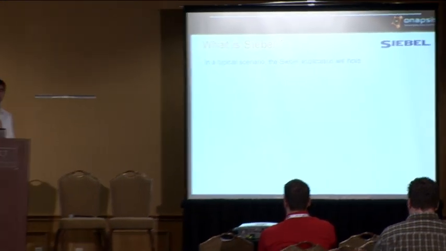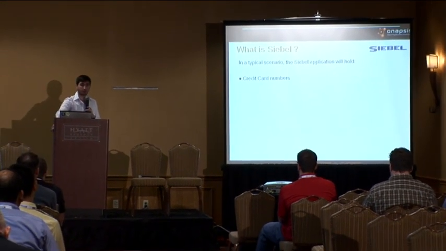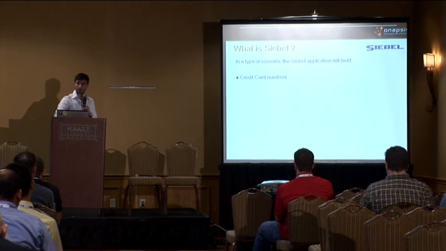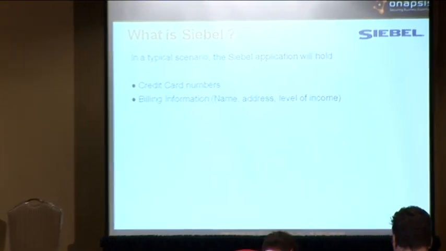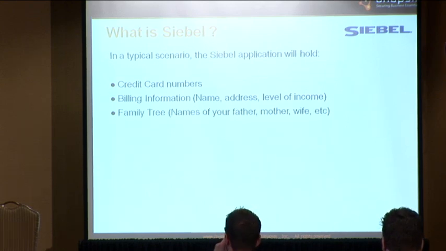So what can we find in Siebel? We can find credit card numbers, related to purchases made by the clients. Billing information, the name of the client, the billing address of the client, the level of income, all this data is cataloged in the Siebel system. Family tree, I mean, who is the mother of the client, the father of the client.